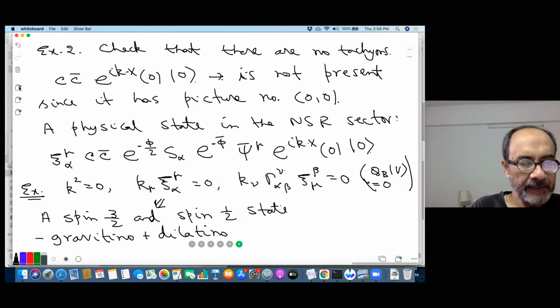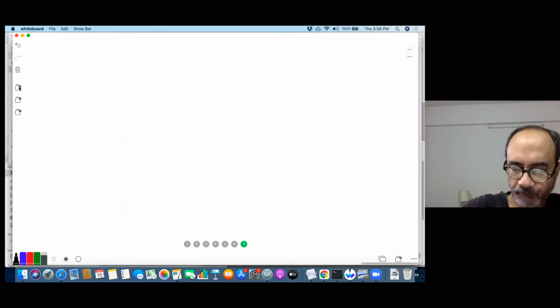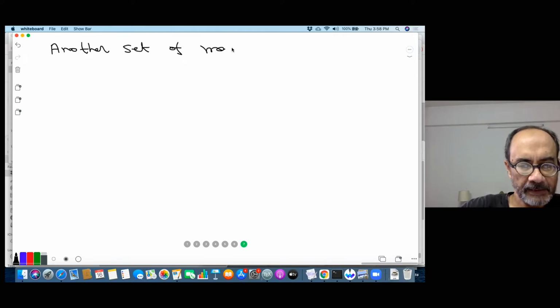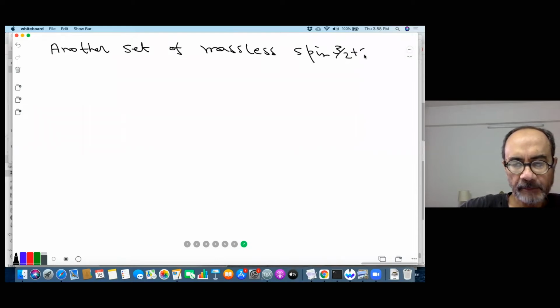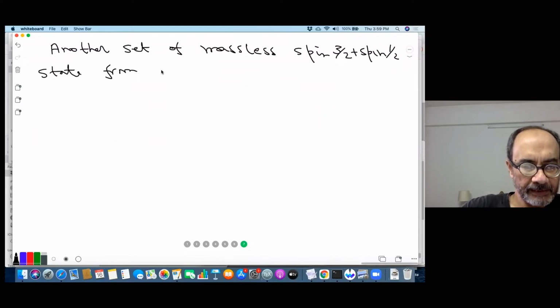In fact, in this case, there is another gravitino, another set of massless spin 3/2 plus spin half states. But this time from the RNS sector, where the anti-holomorphic side is Ramond and the holomorphic side is Neveu-Schwarz.